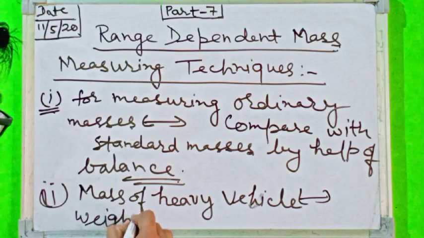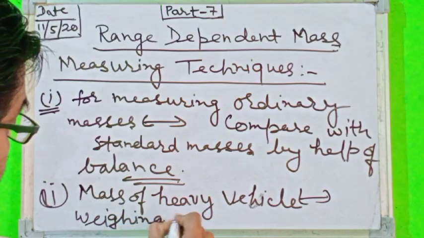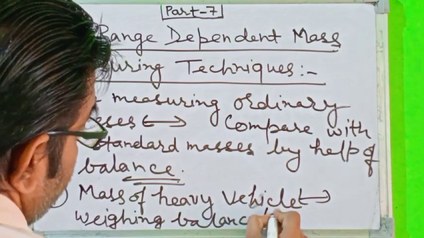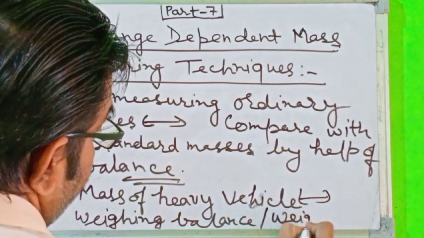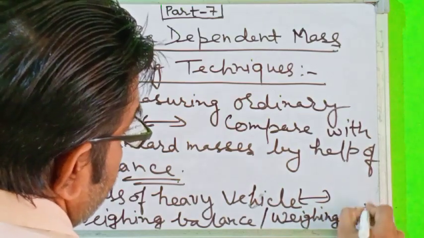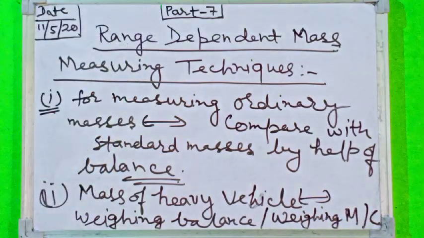By the help of a weighing machine or weighing balance we can measure heavy masses.